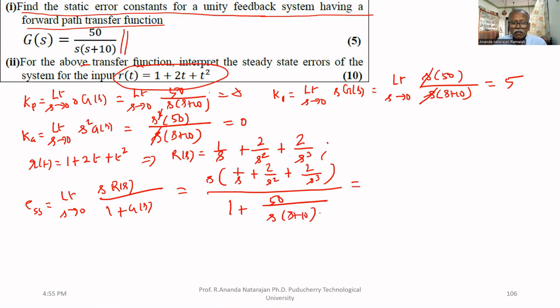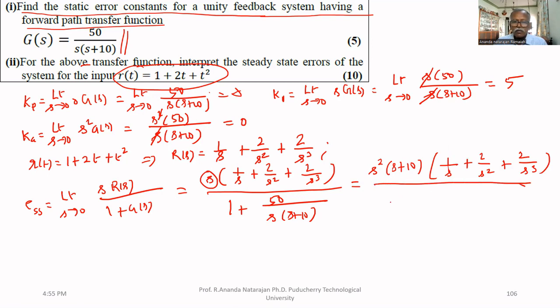That is equal to, this will come to numerator, that's why it becomes s square multiplied by (s plus 10), because of this s, it becomes s square. Then 1 plus 1 by s plus 2 by s square plus 2 by s cube upon s multiplied by (s plus 10) plus 50. Here you have to write limit s tends to 0.